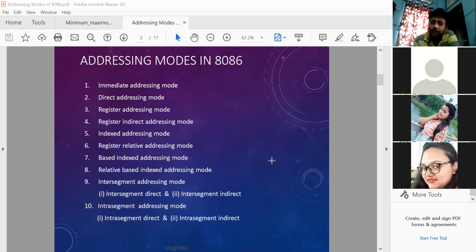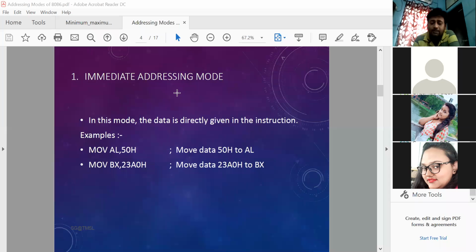So listen very carefully. It will be somewhat complex compared to the previous topics. There are a total of 10 addressing modes.